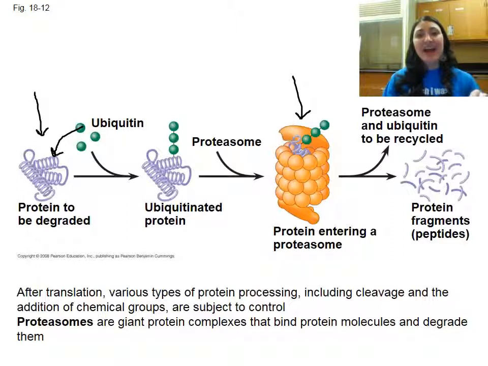Ubiquitin, once it's tagged, acts like a magnet to the proteasome. So the proteasome sees that ubiquitin and says, okay, that one's been tagged for destruction. I'm going to chop it up into a million pieces, rendering it non-functional. Once those have gone through the proteasome, you're going to get protein fragments, which are just peptides at this point, and they can be recycled in the cell or used at another point.